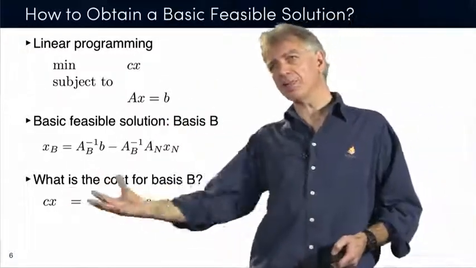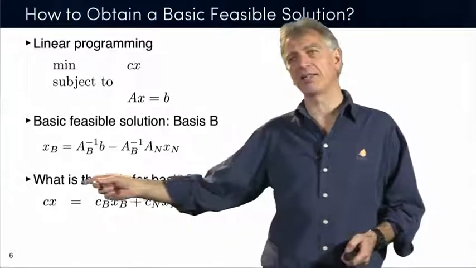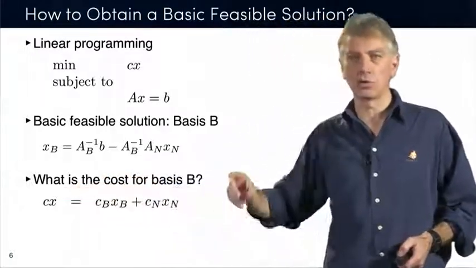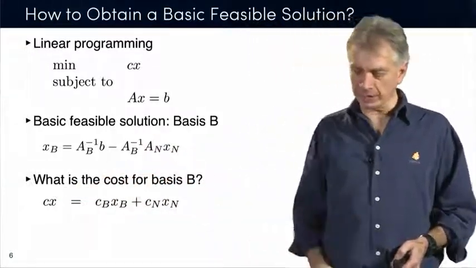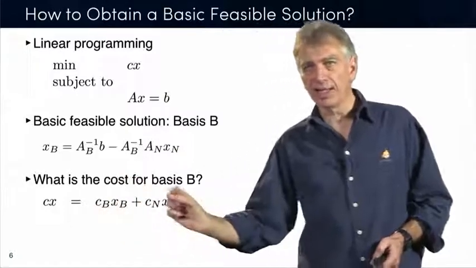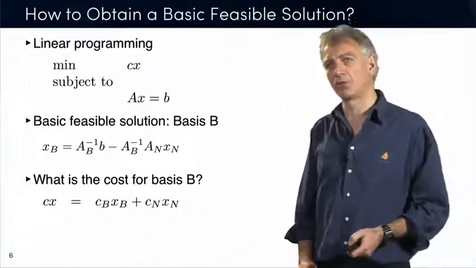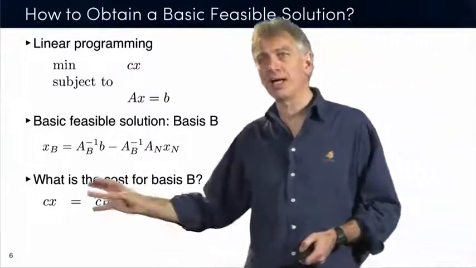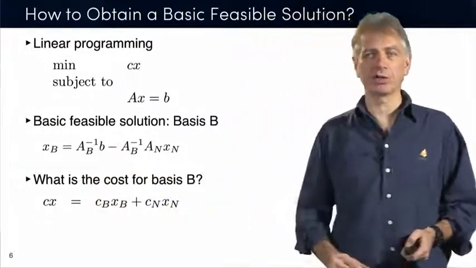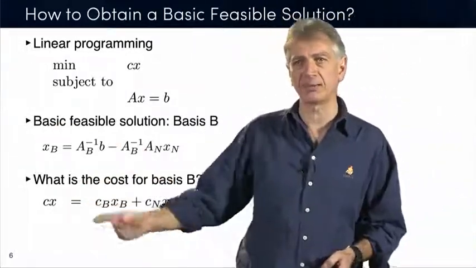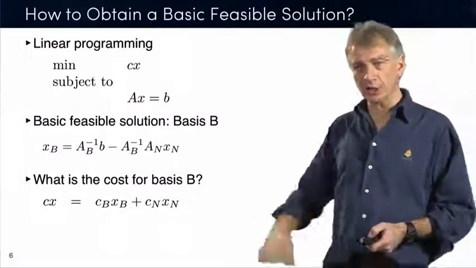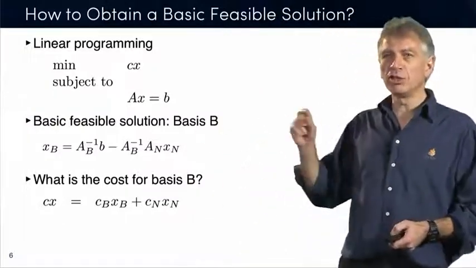But the cost we can express in exactly the same fashion. So we can say that Cx is equal to CB times xB, which are the basic variables, plus CN times xN, which are the non-basic variables. Of course, we know the value of xB, so we can re-express it using this equation, and that's what I'm going to do in the next equation.